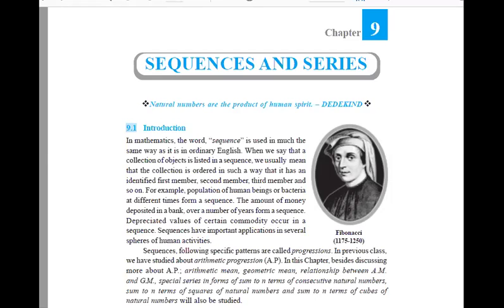The sequence can be of numbers, words, or anything. I hope you remember that in math and logical reasoning we have sequences of words also. But here we are talking about sequences of numbers.